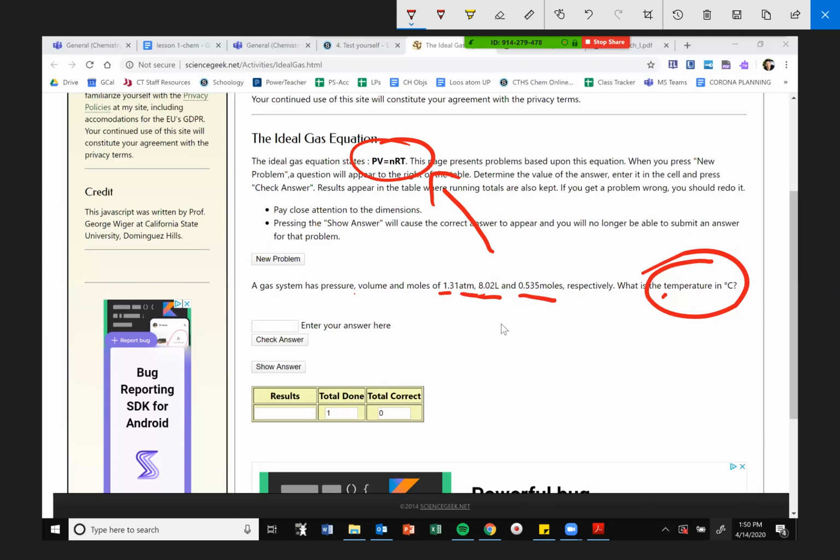Now I ultimately want to get temperature. So if I rearrange this equation, I can get temperature equals PV divided by nR. Once again, I see that I'm missing one of these variables and I want to solve for it.